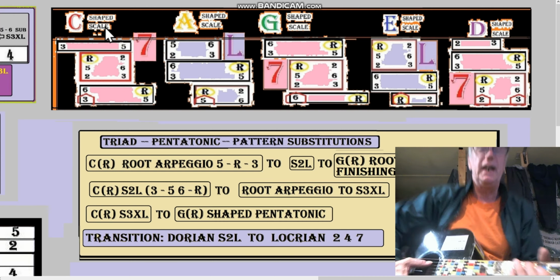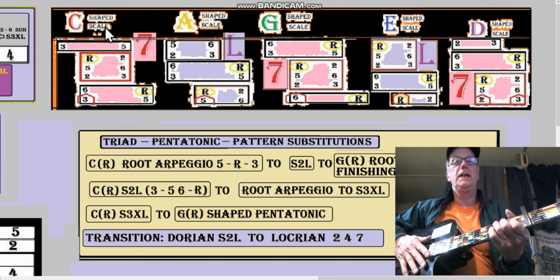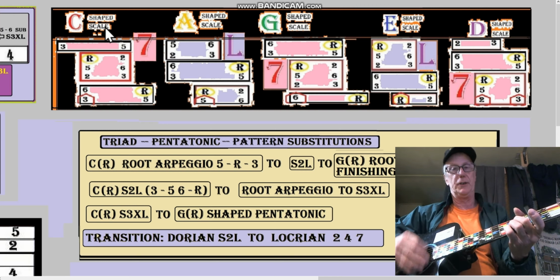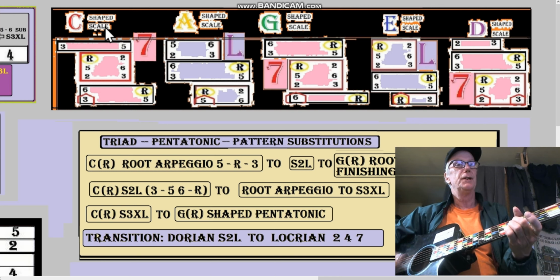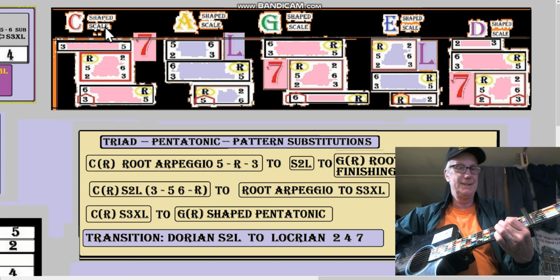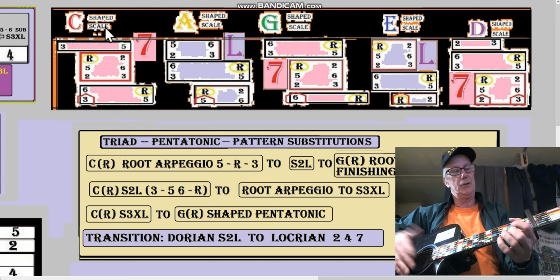This is CAGED in the key of C, and guess what? CAGED was written in the key of C. Otherwise you're talking AGED, you're talking GEDCA, or that kind of thing.